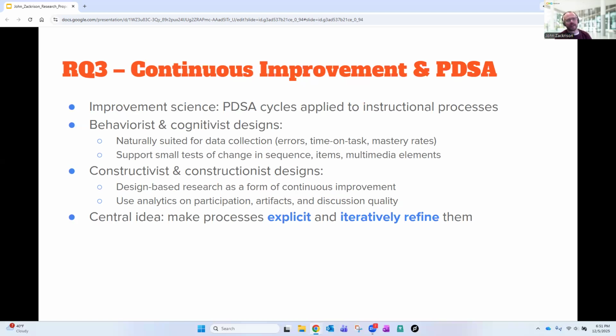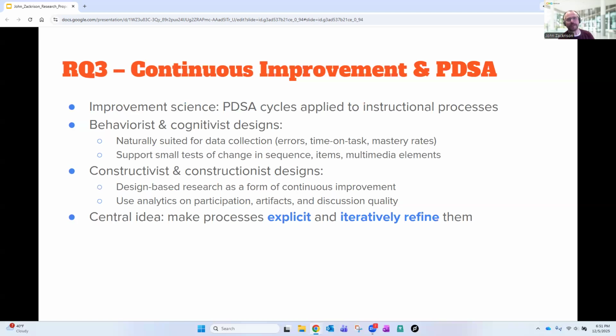So in behaviorist and cognitivist designs, processes are already well suited for that application. They're already highly structured, which makes it easy to collect data like item level errors, response times, mastery rates, or drop points in videos if you have a video they're watching.